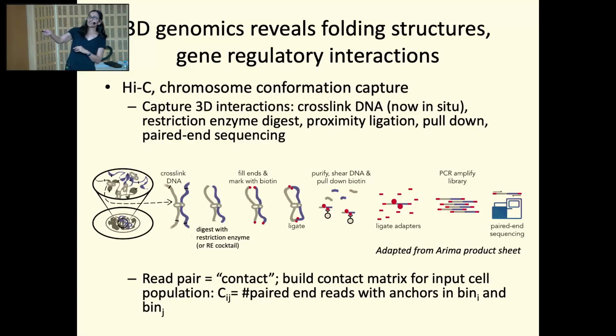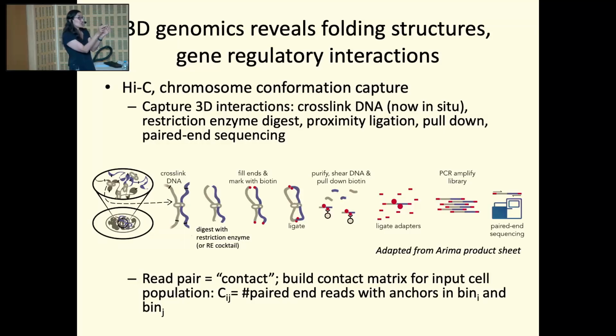So basically, you're cross-linking the DNA in situ in the nucleus. You have a restriction enzyme digest, okay? And then you ligate, glue together, and pull down. And what you get are these reads that are chimeric. Gray and blue mean they came from different regions of the genome, maybe far away in the 1D genome, but they were close enough to be ligated, right?